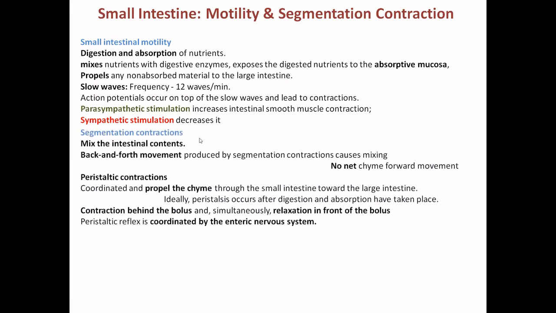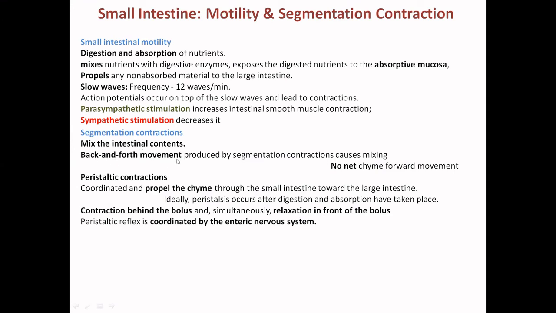In segmentation, wherever food is present, it is divided into smaller sections, and in the segmentation there will be repeated contractions, that is the segmentation contraction. It mixes the intestinal content, the food, with the enzymes.